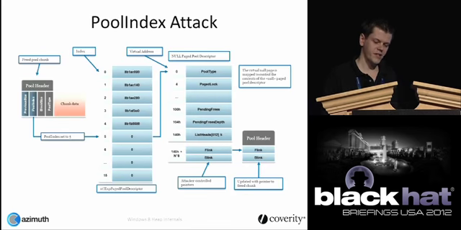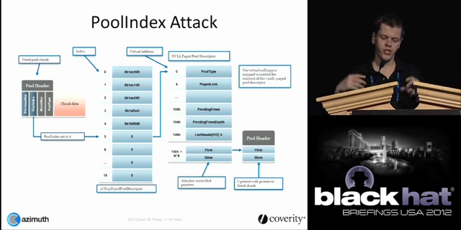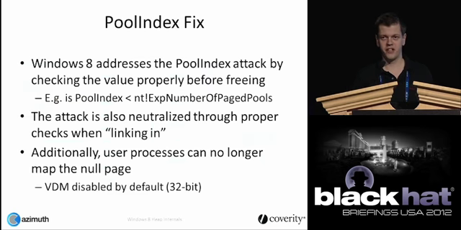The way you could get arbitrary memory corruption in this case was that you controlled the F-link and the B-link values of the free lists in this null page pool descriptor. Since they check when you link in, you can no longer do this.